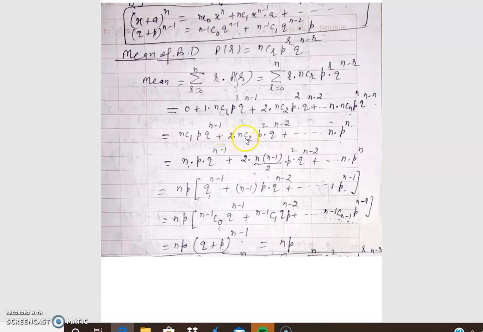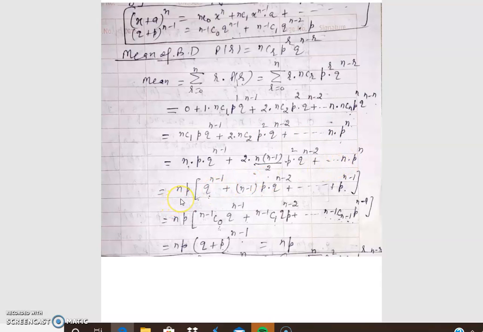The value of nC2 is n(n-1)/2, and the value of nCn is 1, and p^n q^(n-n) is q^0, which is 1. Therefore this value is nC1 p q^(n-1) plus 2 dot nC2 p^2 q^(n-2) and so on up to n dot p^n.